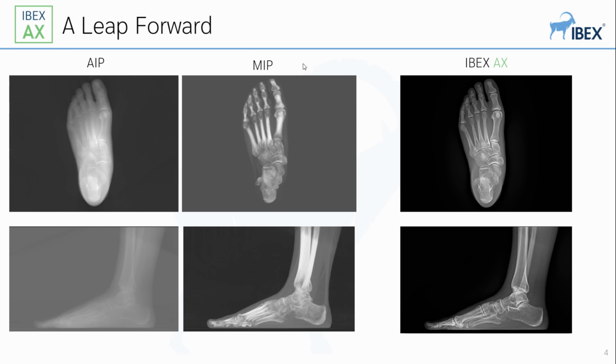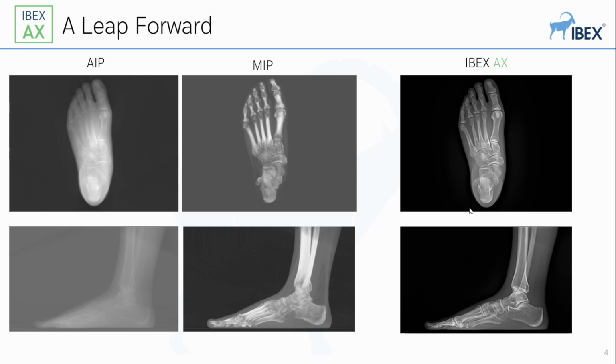So here, we're comparing these 2 established techniques with AX, which introduces advanced pre-processing and post-processing techniques to improve the final image quality, and to produce images which look more like traditional radiographic images. On this top row, we compare the AIP and MIP results for what is known as dorsoplantar view, or sometimes AP view, to the AX result.